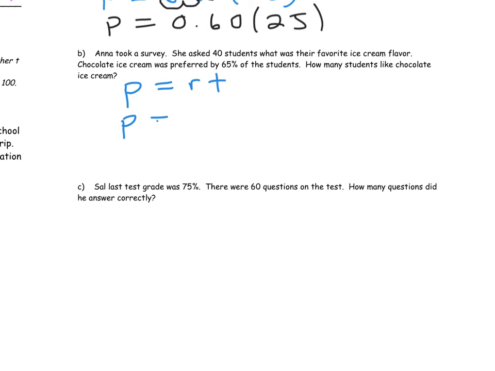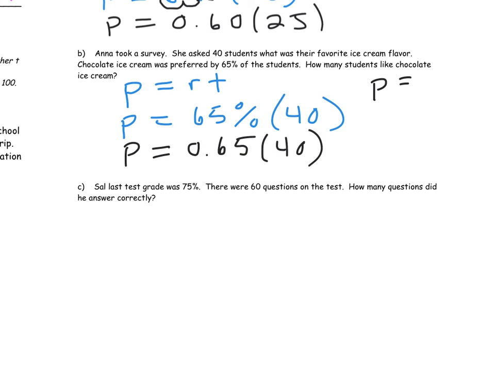We're trying to find the part, so we leave P. The rate that is given is 65%, and the total is given, total number of students she asked is 40. Now please convert the percent to a decimal and then multiply. The final answer should be 26, and once again, that was 26 students that liked chocolate ice cream out of 40.